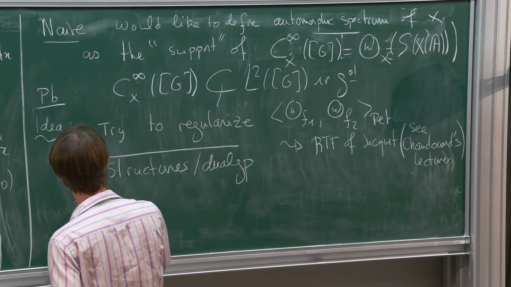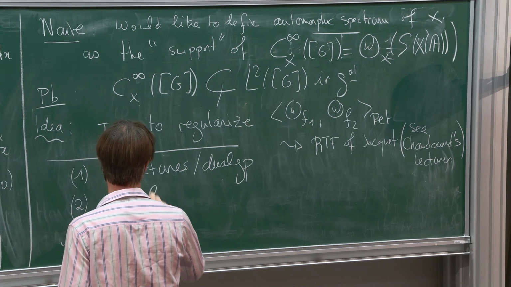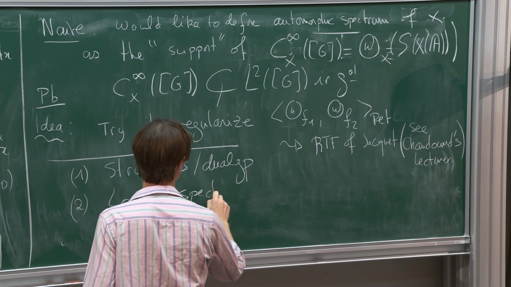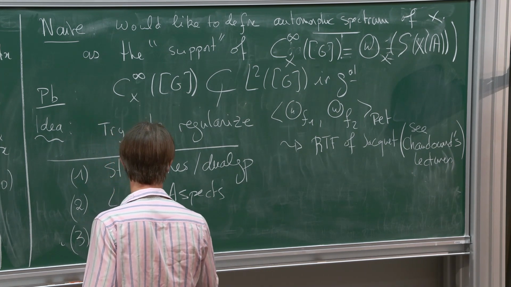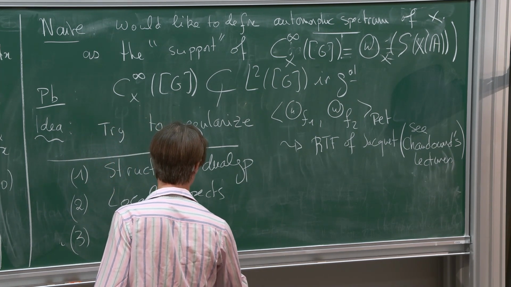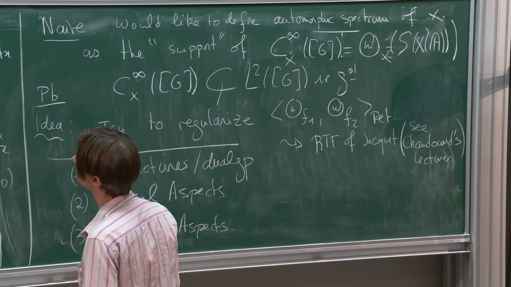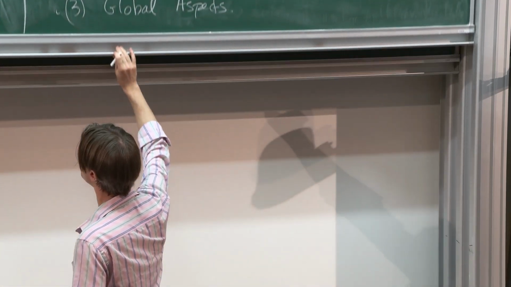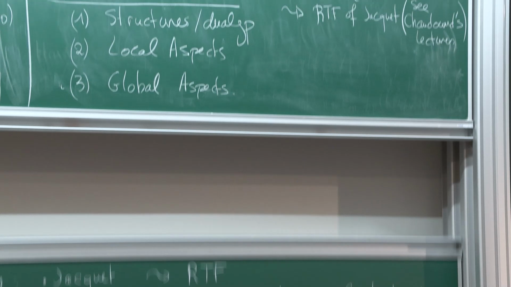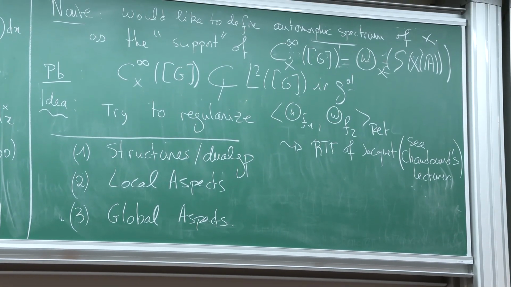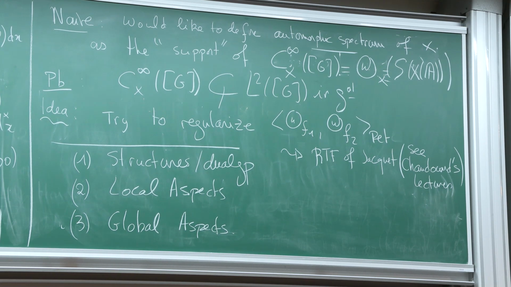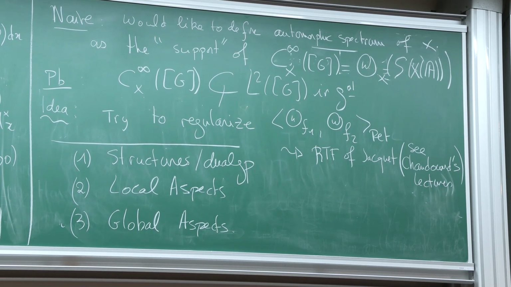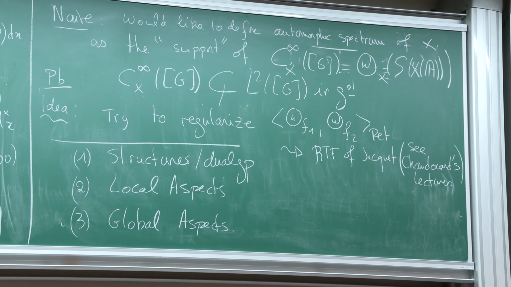Then in the second lecture tomorrow morning, I will mostly talk about the local aspects of the program. And in the last lecture tomorrow afternoon, I will talk about the global aspects. So let me now enter into the technical details, so to speak. Actually, we will not consider all smooth G-varieties.